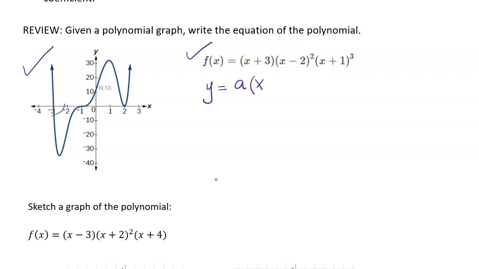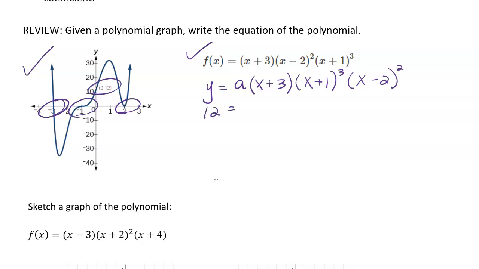You have a root at -3, so it actually becomes x plus 3. You have a multiplicity of 1 there, and then x minus the -1, so it'll be x plus 1. You have a multiplicity of 3, and then x minus 2, and you have a multiplicity of 2. And then you solve for your a, so here's where we can use our y-intercept.